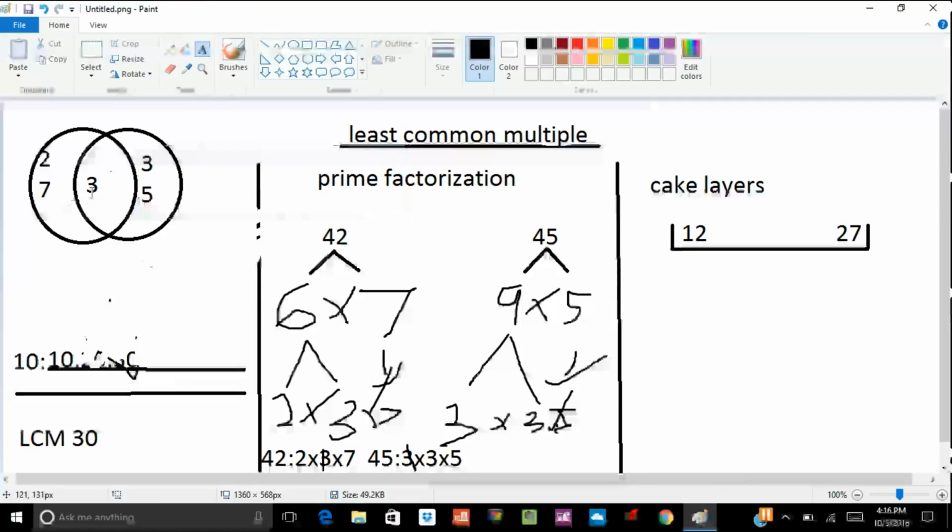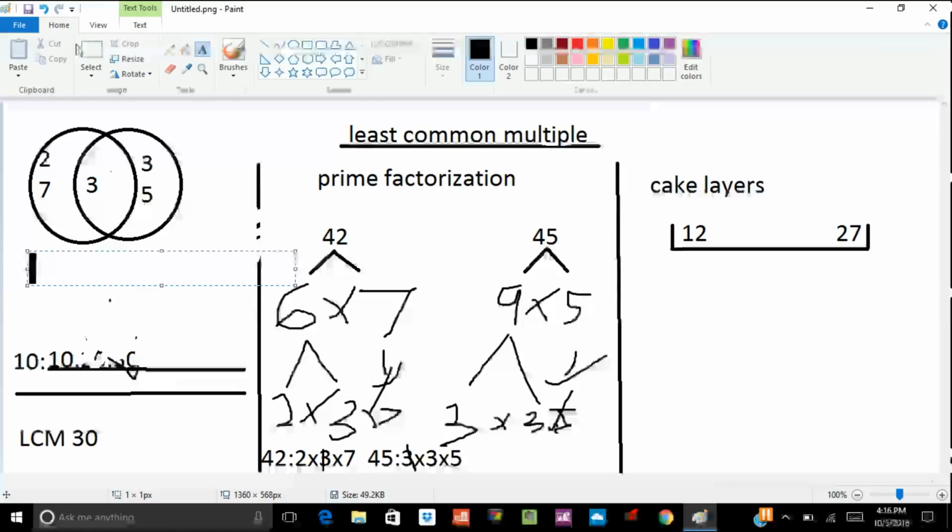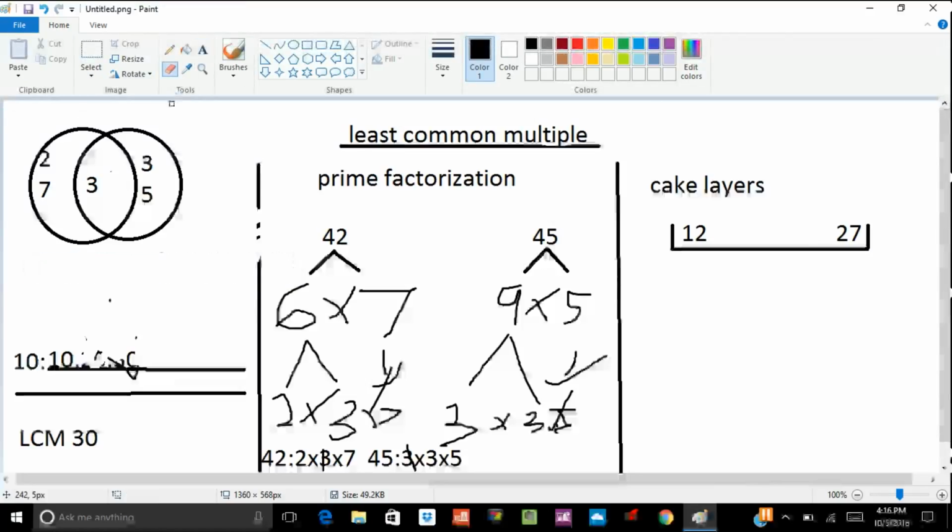Instead of just multiplying the middle, you need to multiply everything, which is very hard. So we need to separate them. I think we need to erase everything.